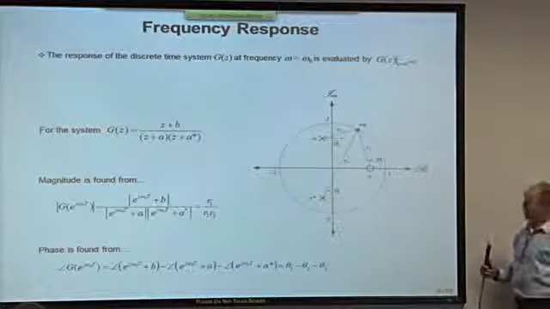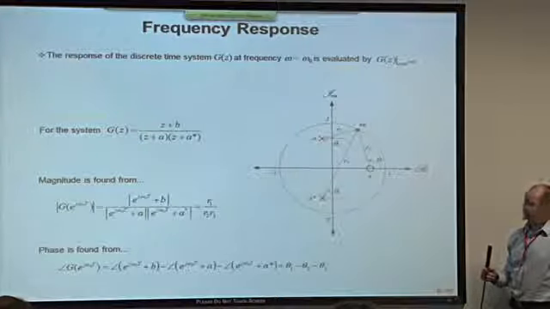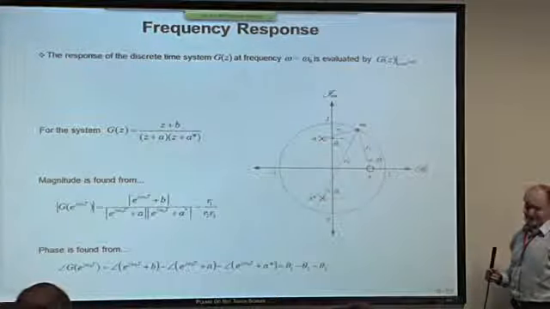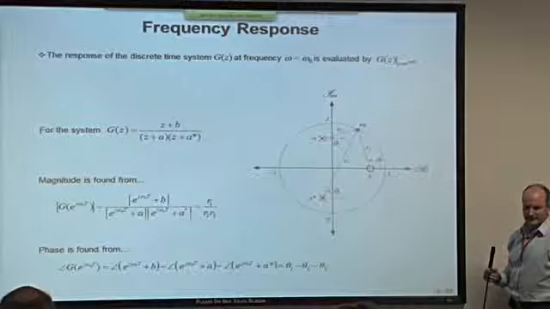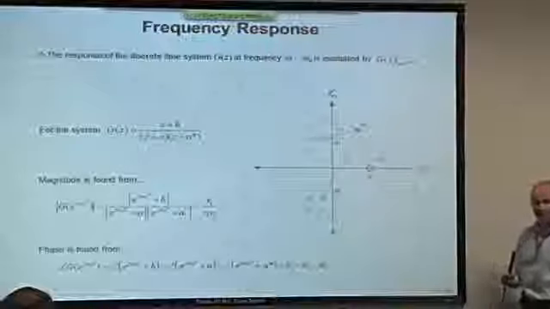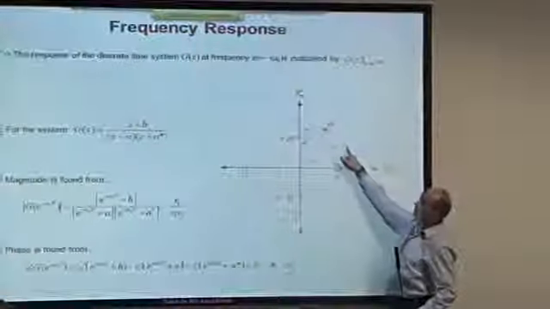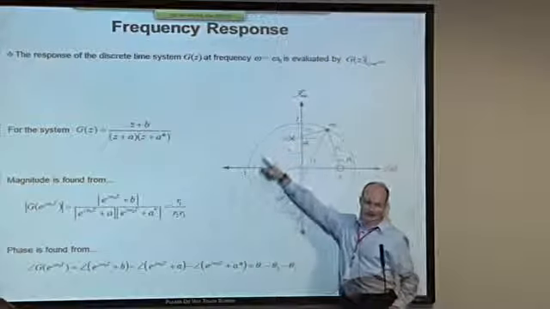Now there is an equivalent to the geometrical slide I showed you earlier for imagining the evolution of the frequency response in terms of vectors drawn from the pole zero map. You can do that for discrete time systems as well, except that now frequencies correspond to points on the unit circle.